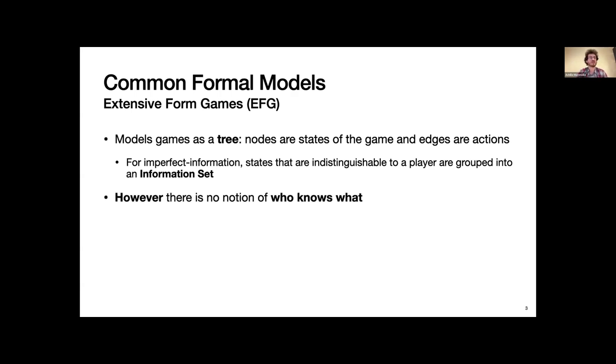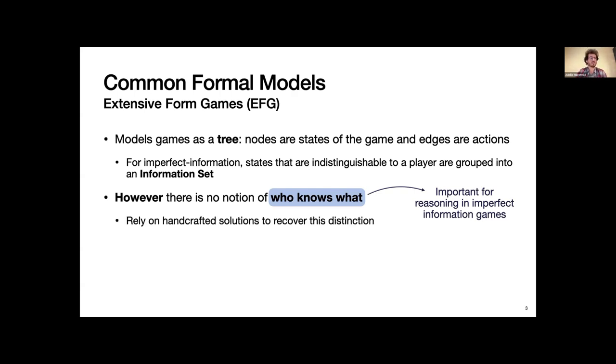However, in those information sets, there is no notion of who knows what, which is actually important for reasoning in imperfect information games. For example, if you are trying to know what the opponent will do in the future, for that you have to know what he knows.